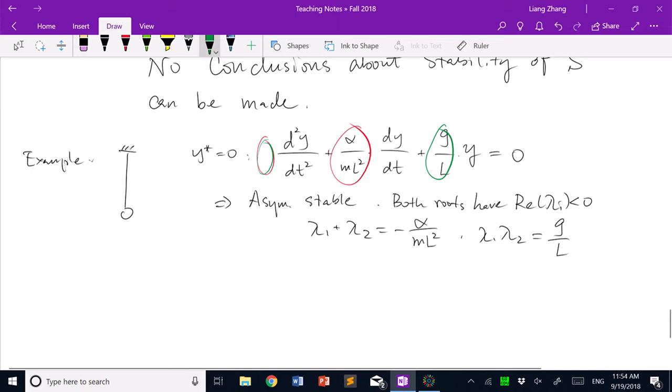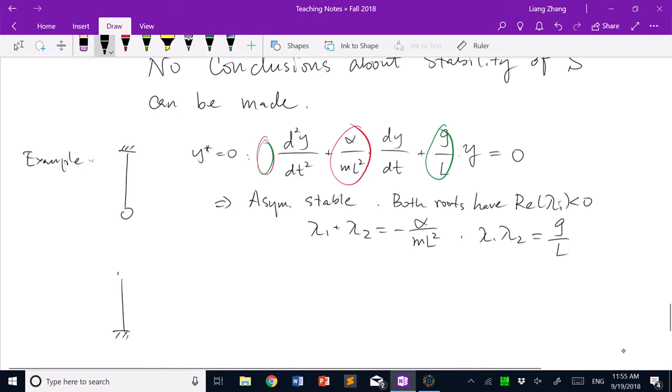Since you have two roots, they can both be real. If they're both real, their product is a positive number and their summation is a negative number, so both of them have to be negative. If one of them is complex, the other has to be complex simultaneously, and the two have to be complex conjugates. The sum of a pair of complex conjugates is equal to twice their real part, and it's a negative number again. So you can easily prove this, and in later chapters, when we talk about stability, we'll expand the discussion on this. So this is asymptotically stable.